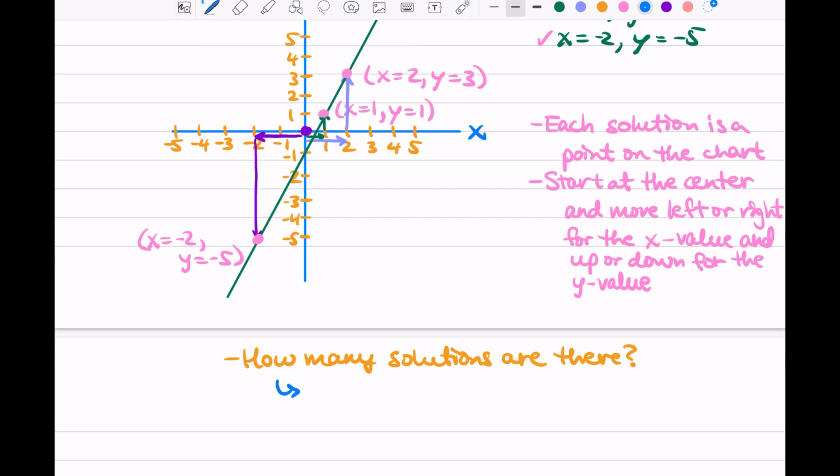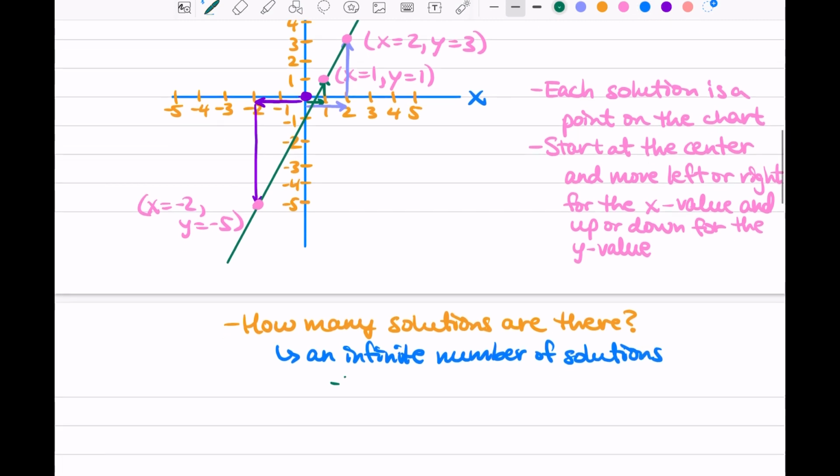So there are an infinite number of solutions. You can always pick a new x and get a new y.